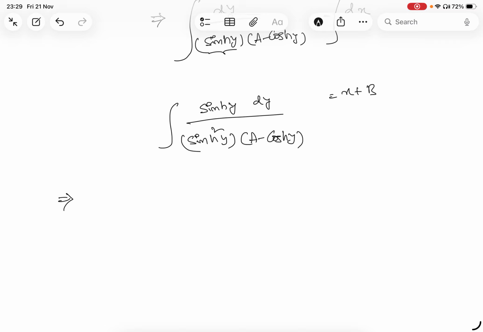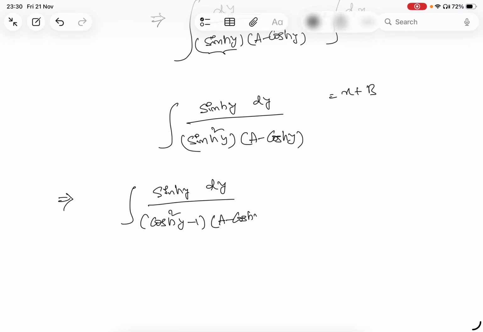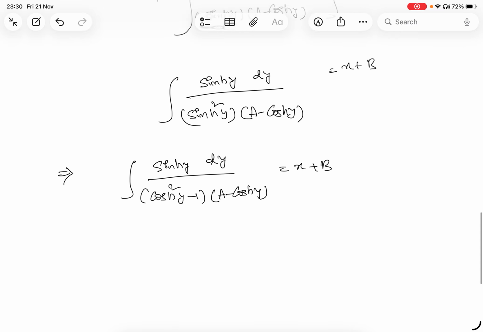This will get simplified further: the integral of sinh y dy over sinh²y, which can be written as cosh²y minus 1, times (a minus cosh y), is equal to x plus b.